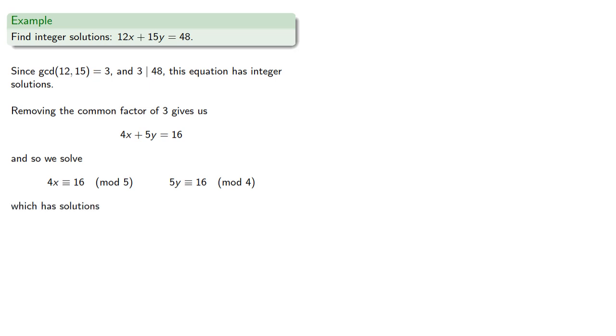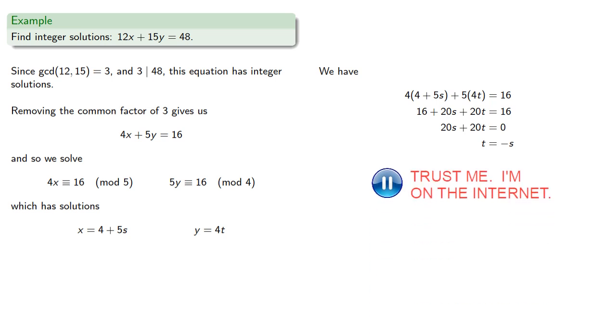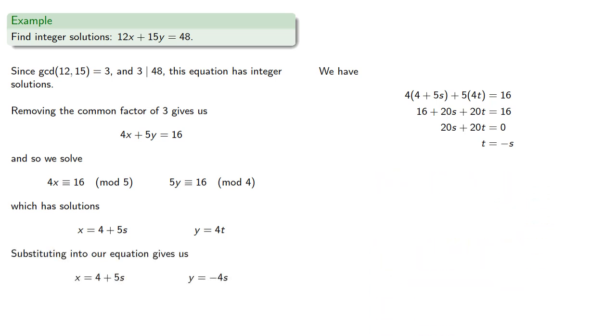And these have solutions. And if we substitute these into our equations, we find an equation, and we can solve this for t. And we can now generate a few solutions.